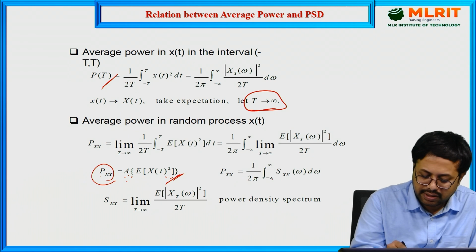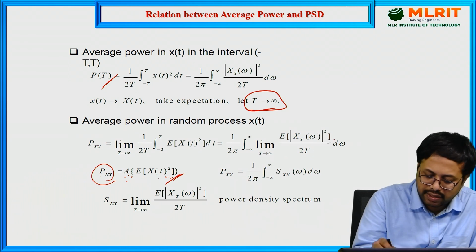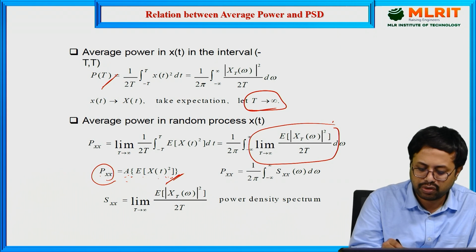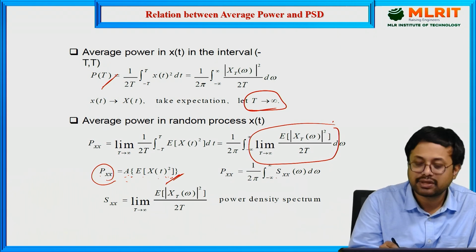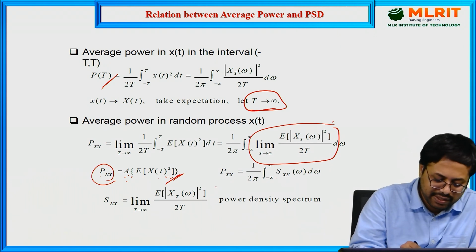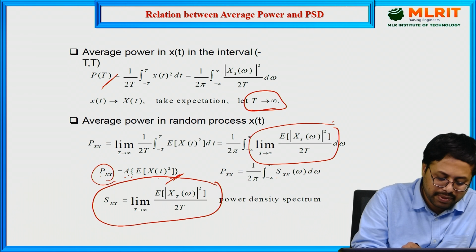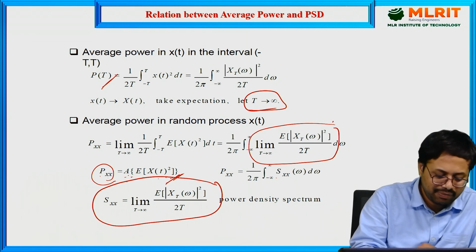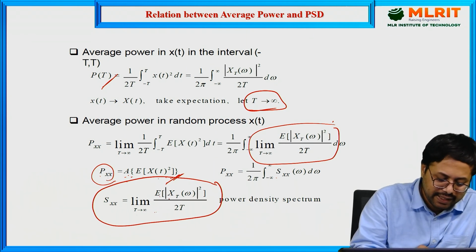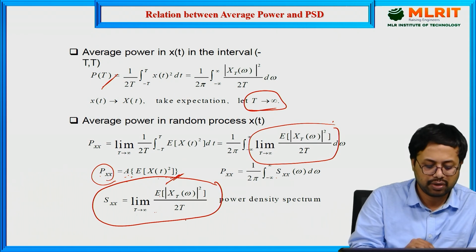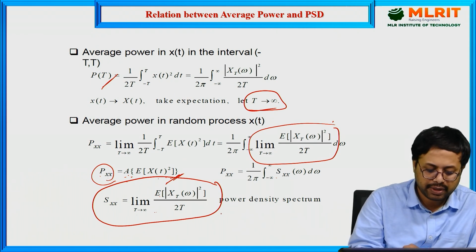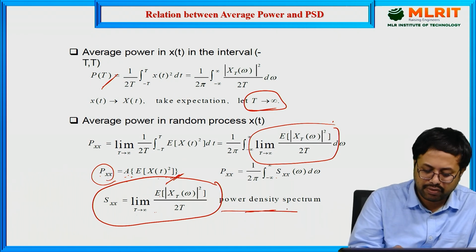Next, you substitute here; this part is in terms of the frequency domain, which is Sxx of omega. This is another definition of power spectral density: limit T tends to infinity of expectation of |X_T(omega)| whole square by 2T. The expectation of this is called power spectral density.